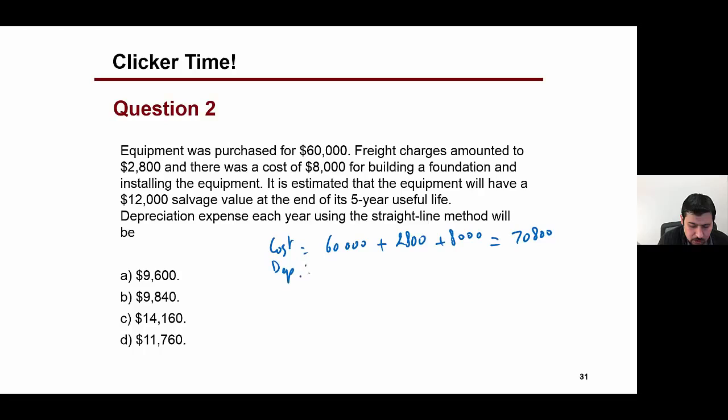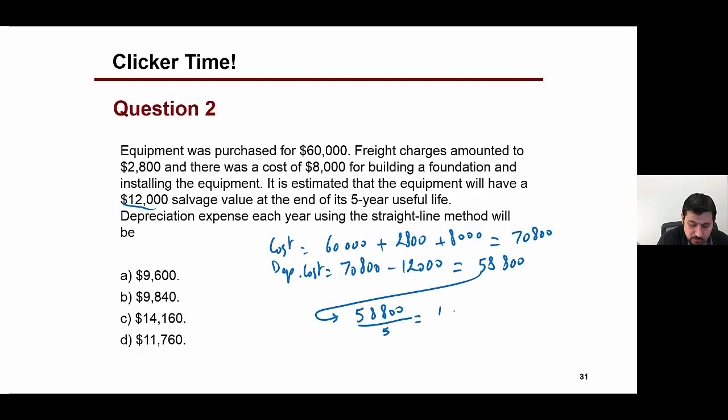Now, depreciable cost is equal to cost minus salvage value, which is 12,000 here, and that would be equal to 58,800. To calculate the depreciation expense, we divide 58,800, which is the depreciable cost, by the useful lifetime, 5, which is equal to 11,760.